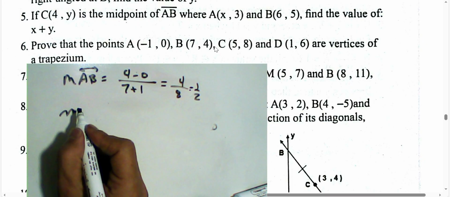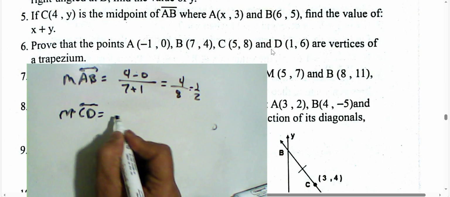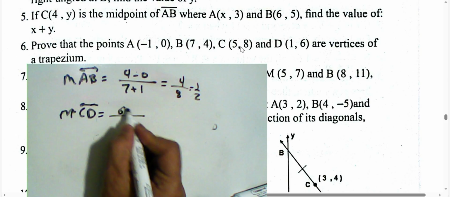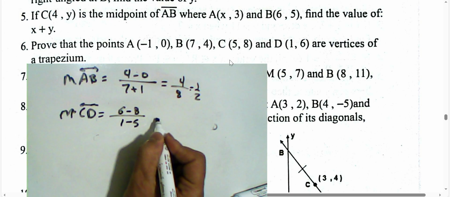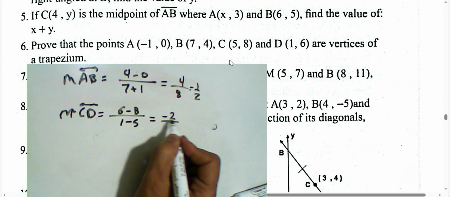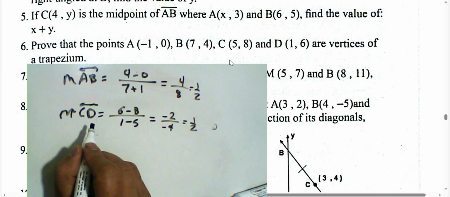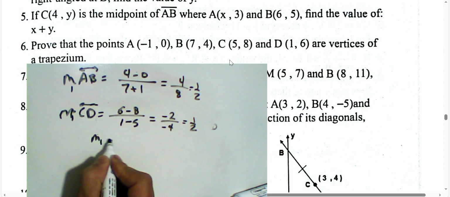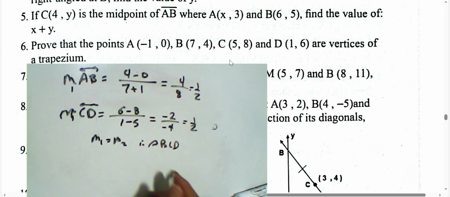And slope of CD, C and D: 6 minus 8 over 1 minus 5. 6 minus 8 equals negative 2, 1 minus 5 negative 4, the slope is 1 over 2. Then M1 is equivalent to M2, then ABCD is a trapezium.